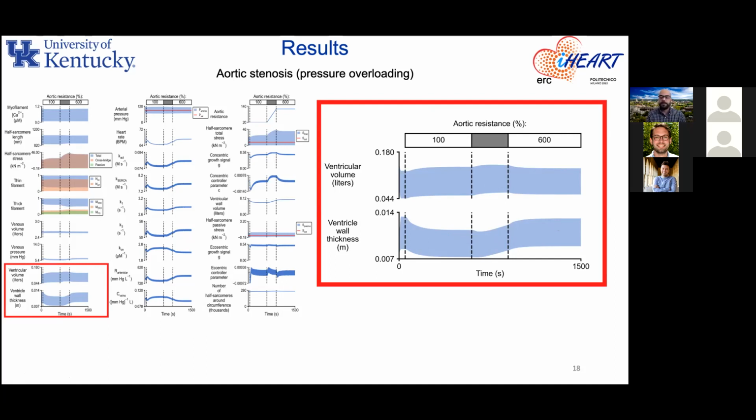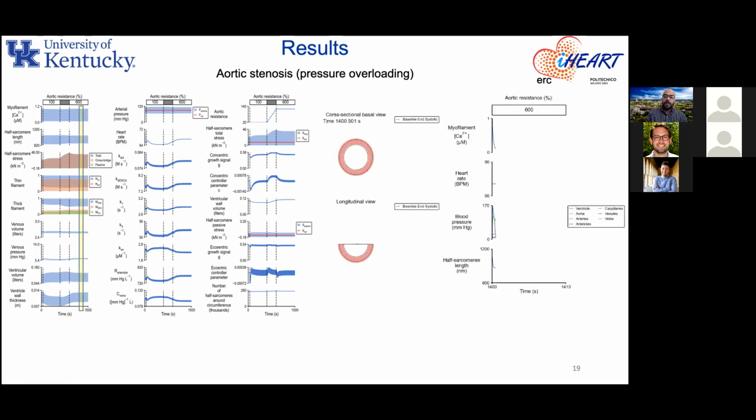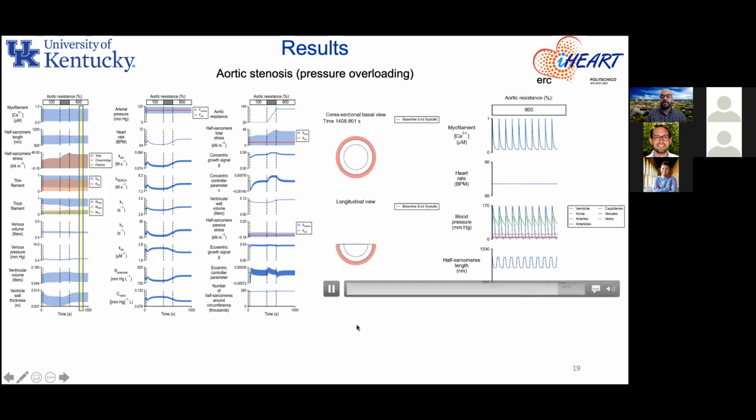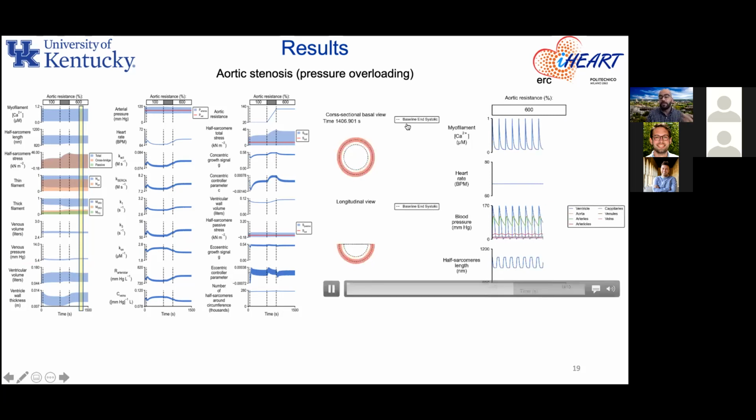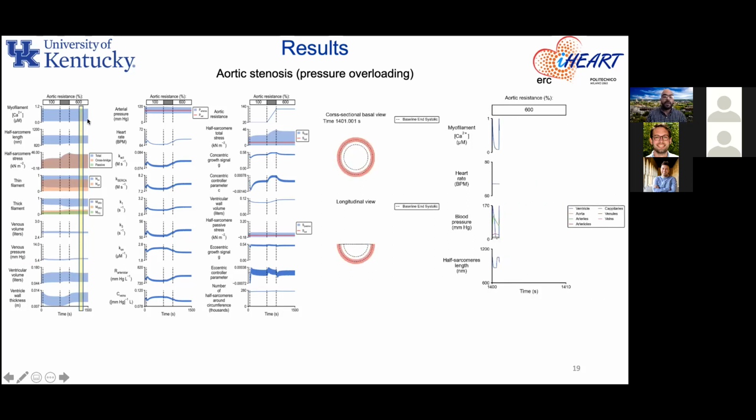So that's exactly the characteristic feature of concentric hypertrophy that we expect to see in response to pressure overloading. This animation shows 10 seconds of simulation from the final steady state, and it shows how the dimensions of a single hemispherical ventricle have changed with respect to the baseline and systolic dimension right before perturbing the system by increasing the aortic resistance.